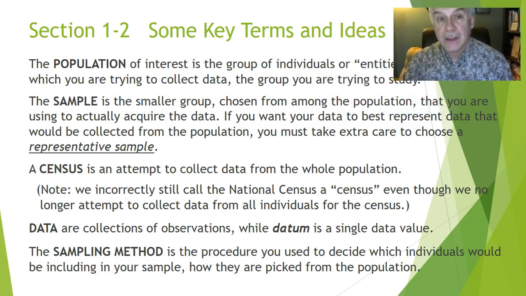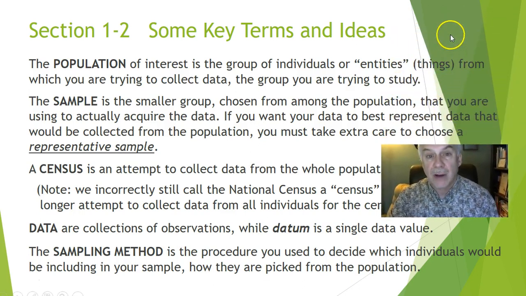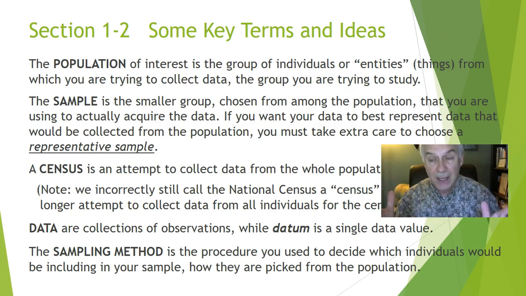So some key terms and ideas in statistics we'll start off with. First of all, the population of interest is the group of individuals or entities or things. It could be plants that you're growing to test something.